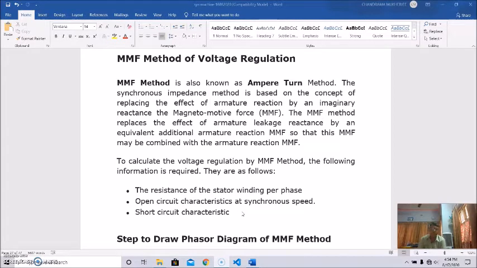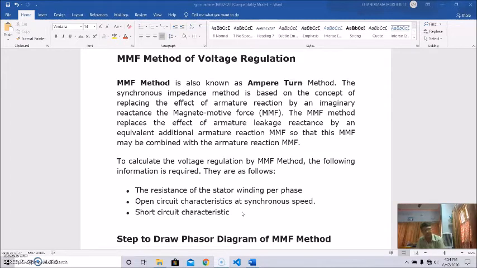Basically, in this EMF method, we are calculating the synchronous impedance, and after calculating the synchronous impedance, we can easily find the voltage regulation, that is the change from no load to rated voltage with respect to the rated voltage.